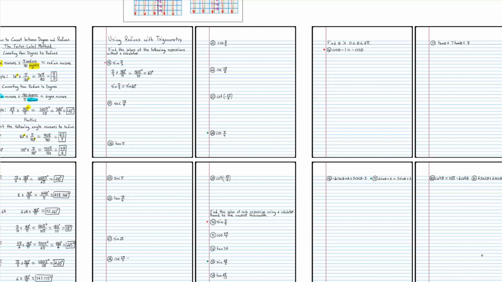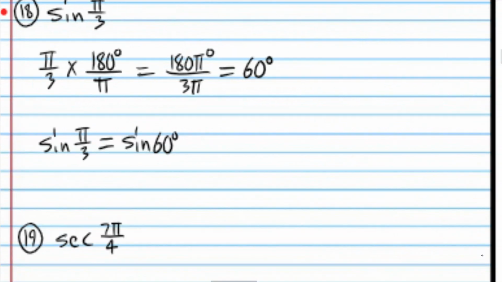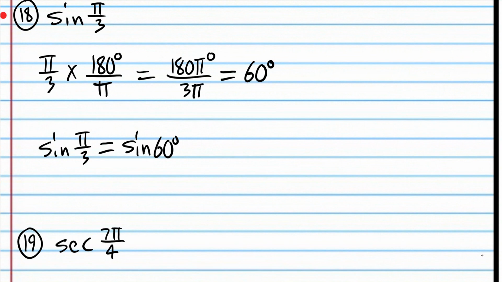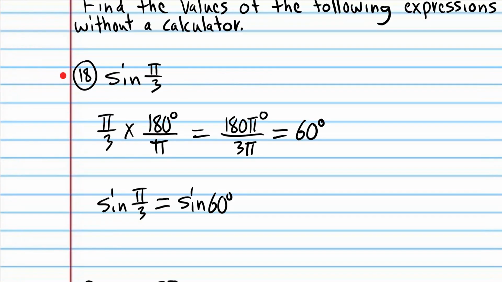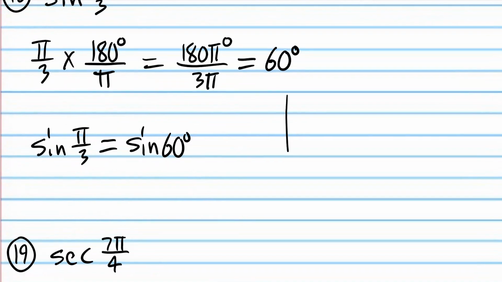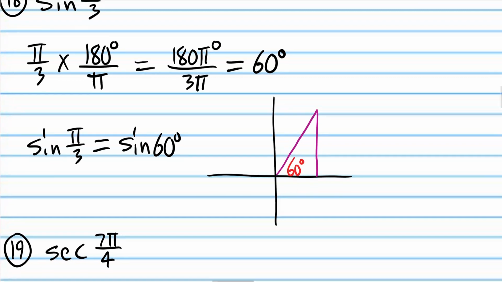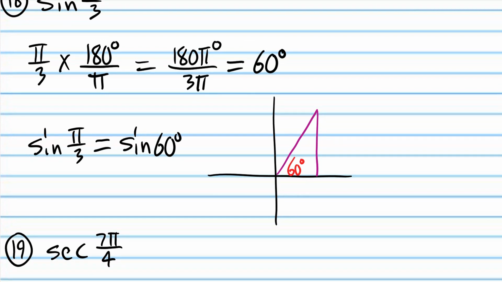So 60 degrees is a special angle, and I'm going to draw axes just so we can review this stuff real quick. So 60 degrees is about there. And obviously this is a 30, 60, 90 triangle. The opposite side is x root 3. Hypotenuse is 2x.